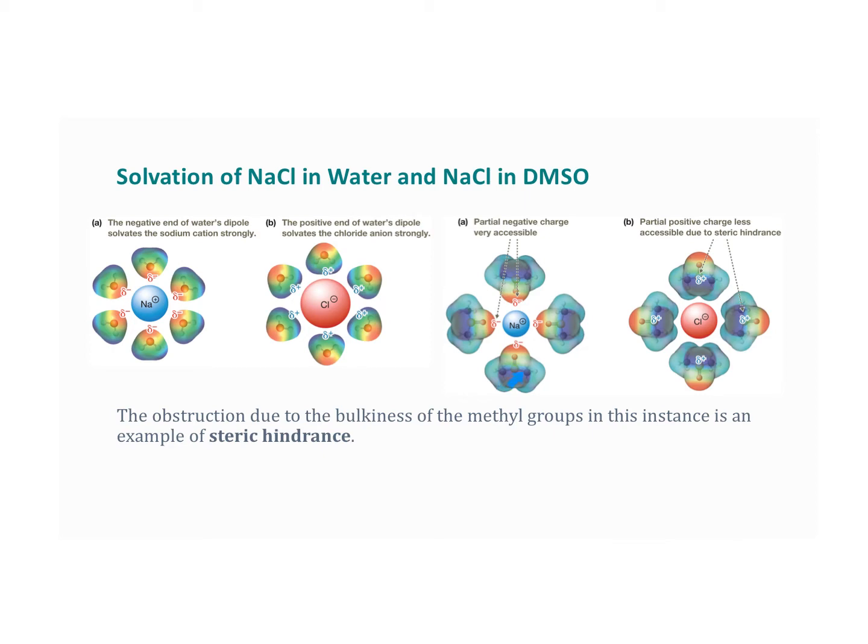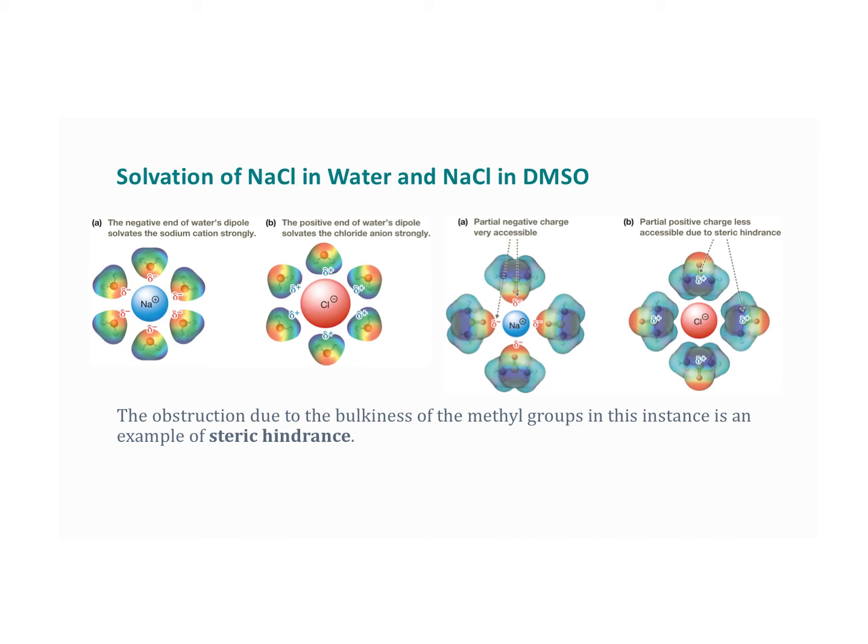Now, if we look at DMSO, which is also a polar solvent, you're going to notice you can't get as many solvent molecules around the sodium or the chlorine. And so the solvation of these ions is not as strong in DMSO as it is in water. This obstruction is really due to the bulkiness of the methyl groups. The methyl groups on the DMSO keep other molecules from getting close, and that's a problem.